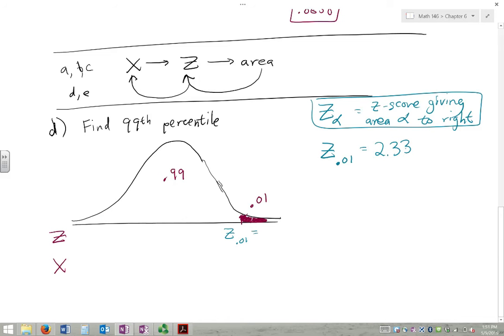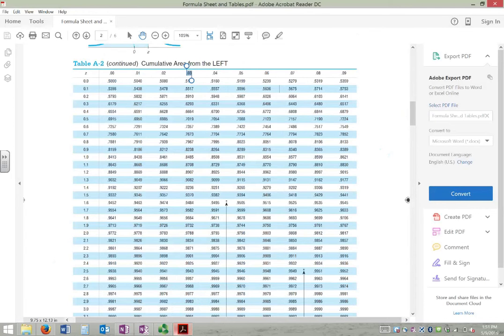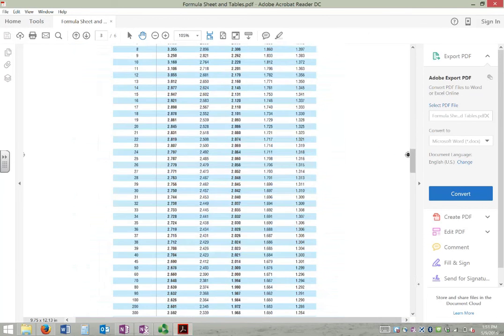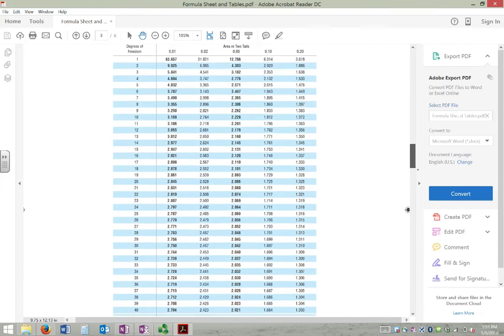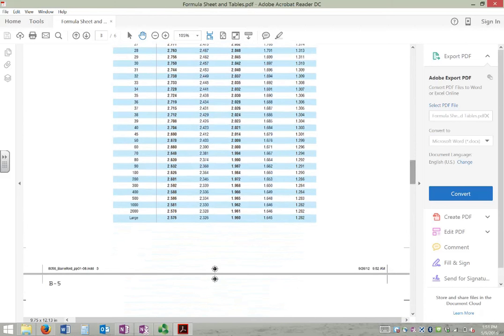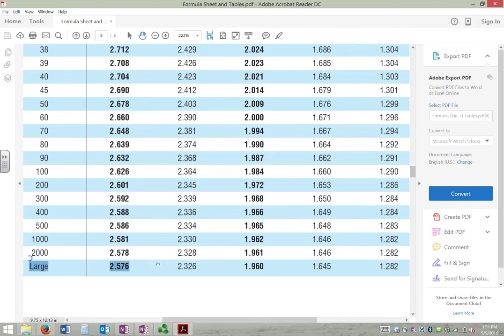The other way we can find this, and we're going to start using this table by Chapter 7, is to go to Table A3. Don't worry about what a t-value is for now, as we're going to look at that later on. For now, all I need you to pay attention to is this last row where it says large. This allows us to directly look up an area and find the z-score associated with that area.